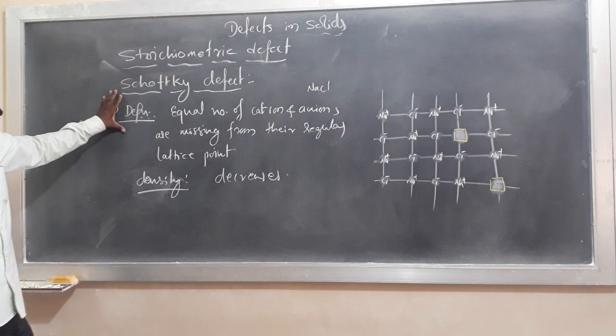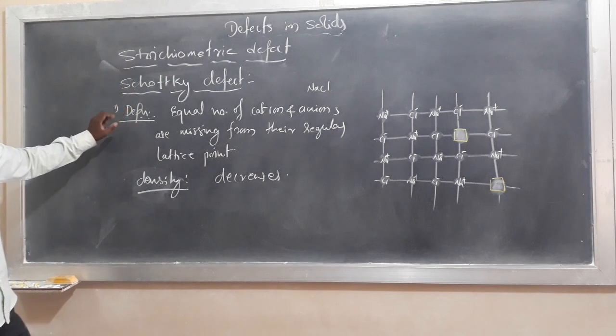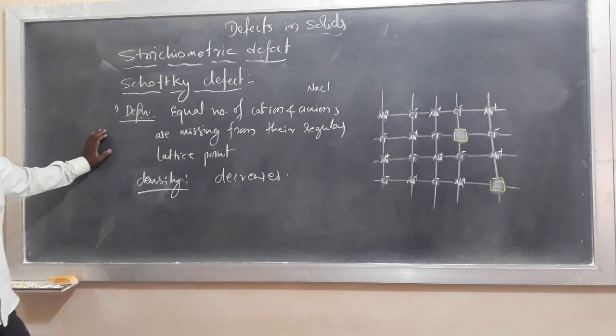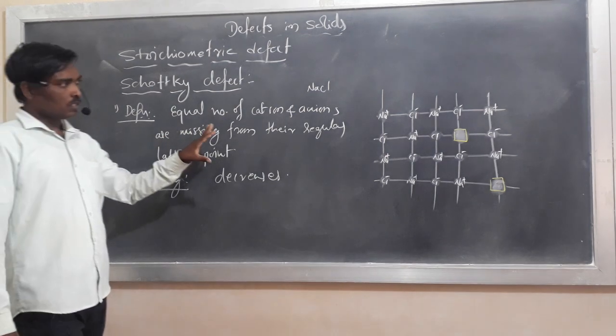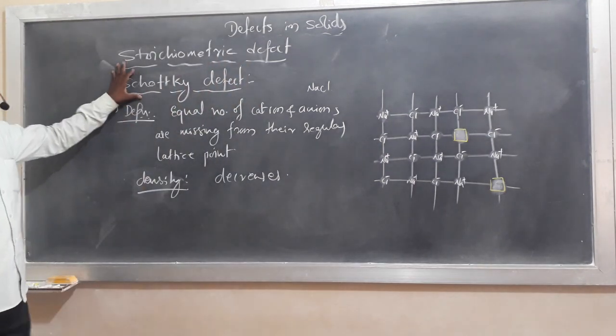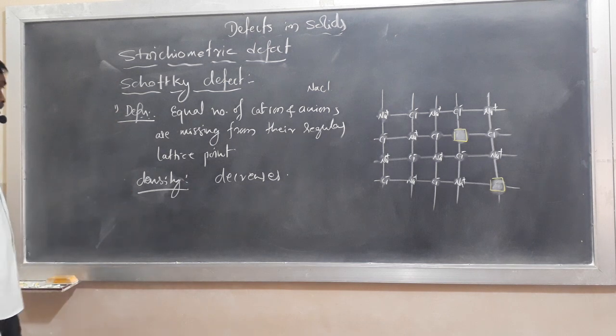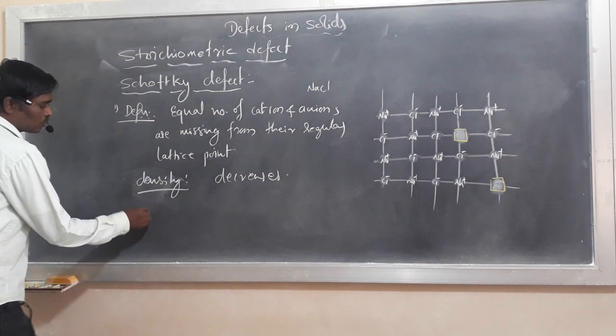This is important. Let's concentrate on Schottky defects. In Schottky defects, equal numbers of anions and cations are missing from the regular lattice points. If 100 sodium ions are missing, then 100 chloride ions are also missing, and the density of this crystal decreases if the Schottky defect is present.